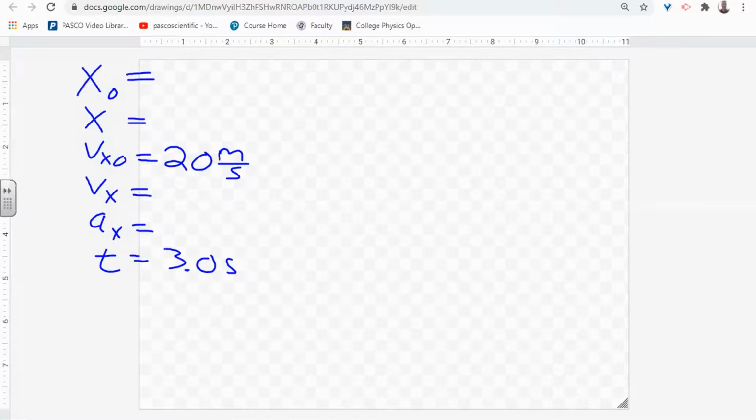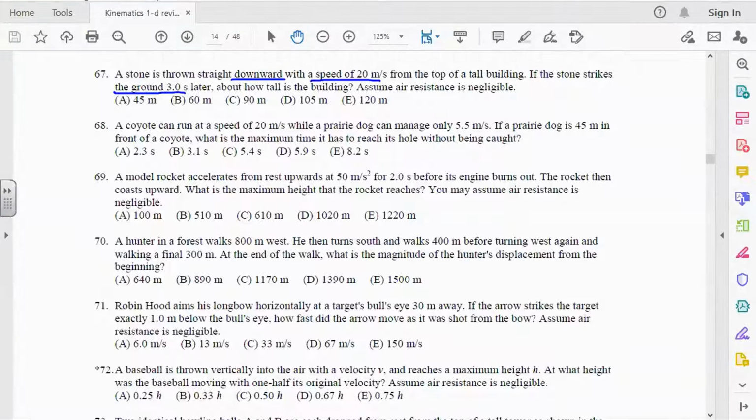Now, because it is thrown downward, as soon as it leaves that person's hand, it is now in free fall. So once it's in free fall, we know the acceleration, because the acceleration is going to be 9.8 or about 10 meters per second squared. And all the multiple choice are usually calculated using the answer choices using 10.